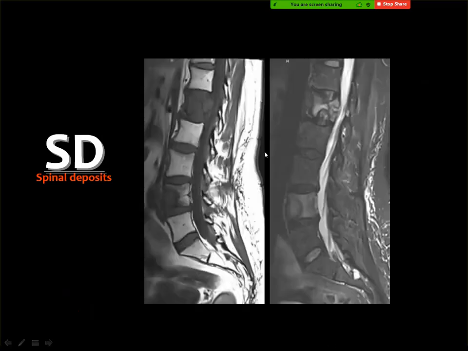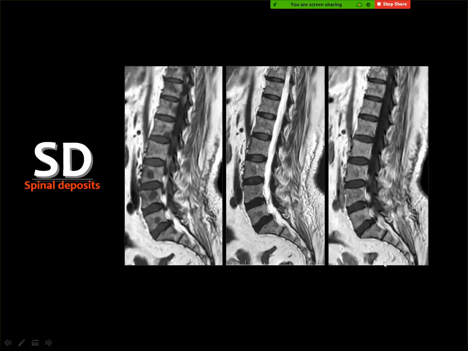Here the metastatic deposits are very well appreciated in the T1 weighted image, and they are usually less appreciated in the T2 weighted image because the signal of the lesion and the signal of the fat in the T2 weighted image are almost near to each other. And this is what supports my opinion regarding the contrast material.